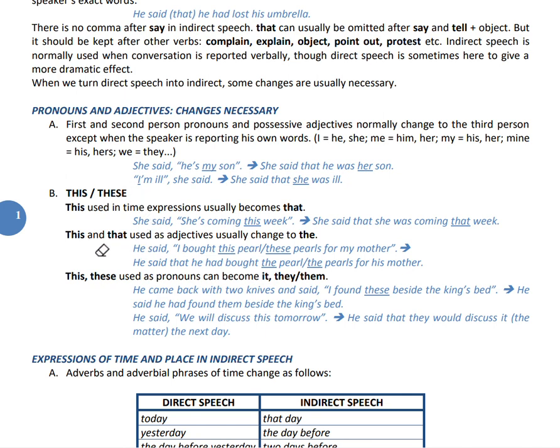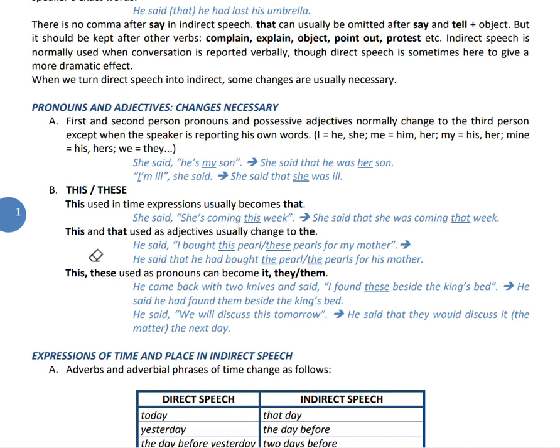She said, "I bought this pearl, these pearls for my mother." Got it? He said that he had bought the pearls for his mother. Got it?